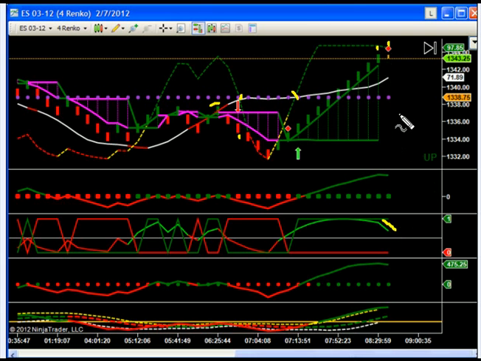Another thing I wanted to mention is that particularly this morning, the DMI differential and the RWO indicators looked quite similar to each other. Now they're both based on totally different principles, but they both measure trends, so they should look somewhat similar.